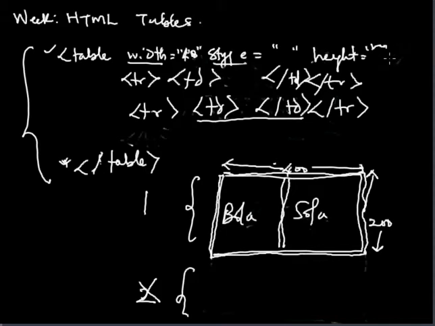The border must be increased to 1. 1 means the thickness of the border. But if you don't want people to see that you've already designed a table here, you just write 0, or you make it by default. It's 0. You don't write it at all. You just leave it like this.